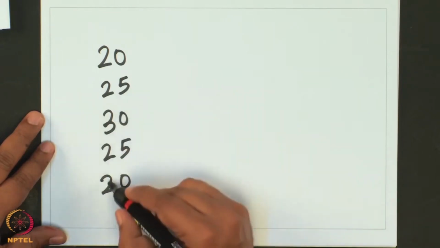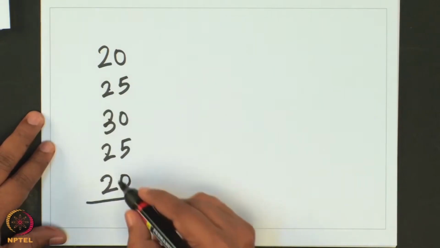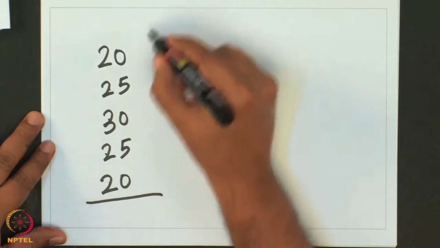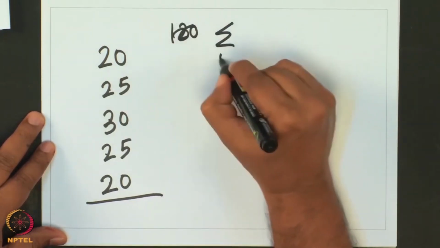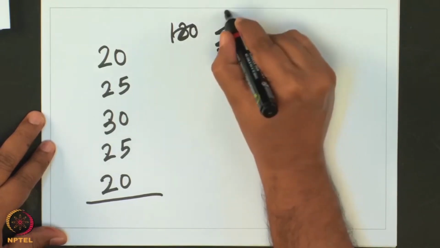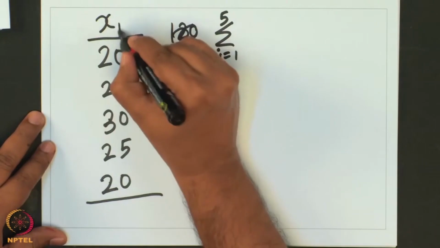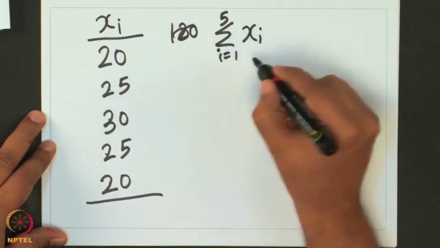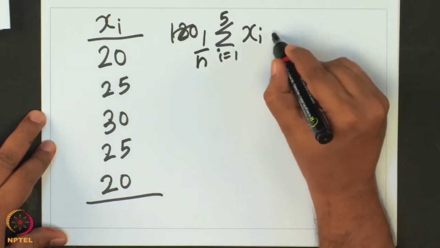The sum is 120, so the sum over i from 1 to 5 of xi, times 1 over n, which is 5.